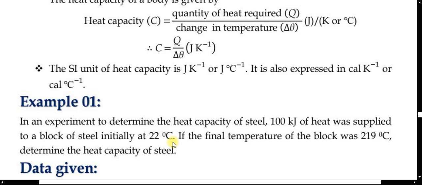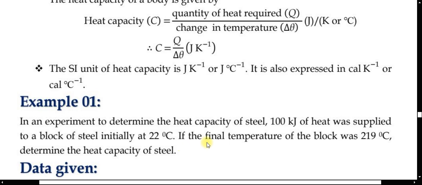If the final temperature of the block was 219 degrees Celsius, determine the heat capacity of the steel. So we have to determine the heat capacity.